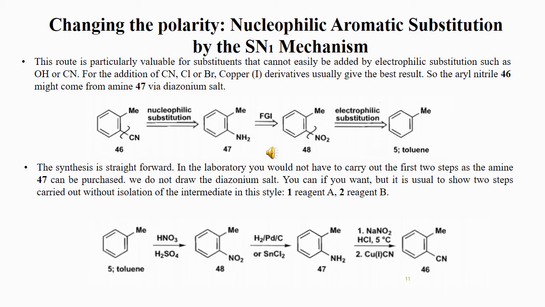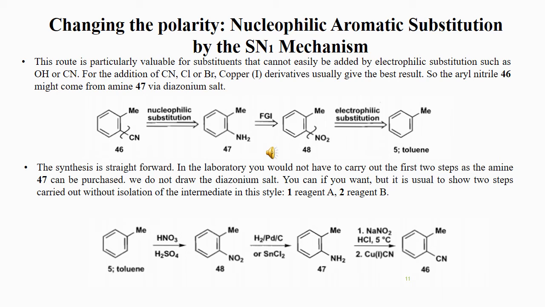The sequence is nitration of the aromatic compound 39 to give the nitro compound 40, and then reduction of this by hydrogenation in the presence of palladium over charcoal gives the amine 41, in which the nitro group has been converted into an amino group.